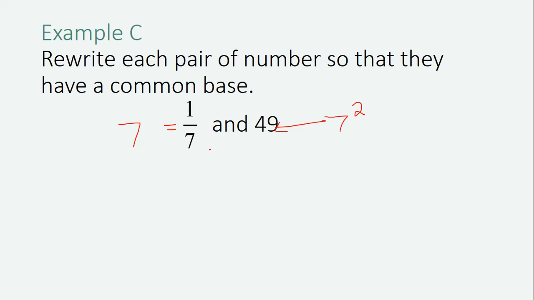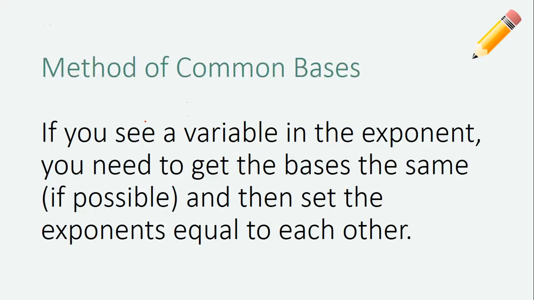Well, how can I get 7 to be 1/7? Well, that's just like flipped, right? So that 7 moved down to the bottom. You know what? I bet it's 7 to the -1. That will give me 1/7. So if you go from a normal base to a fraction, assume you're always going to have a negative exponent going on in there. Those are probably the hardest ones to figure out.